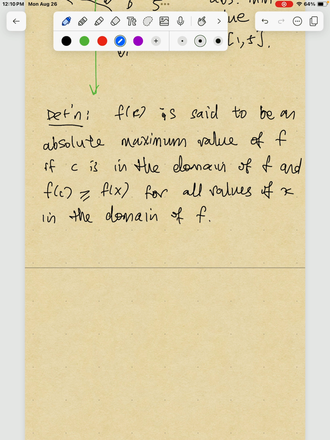And there's a similar notion of absolute minimum value. It's just when f of c is less than or equal to f of x for all x in the domain of f.